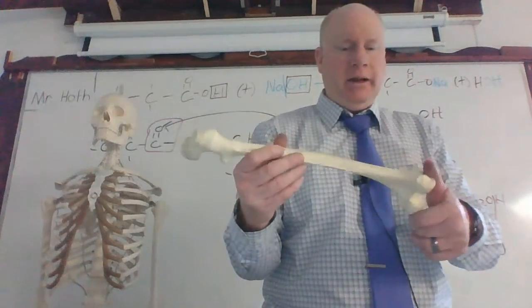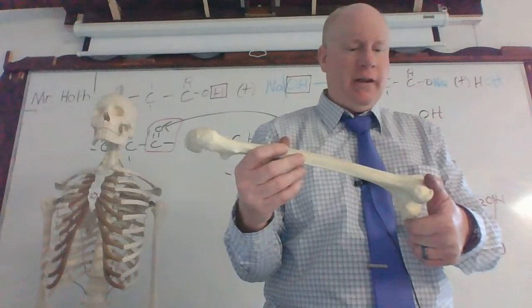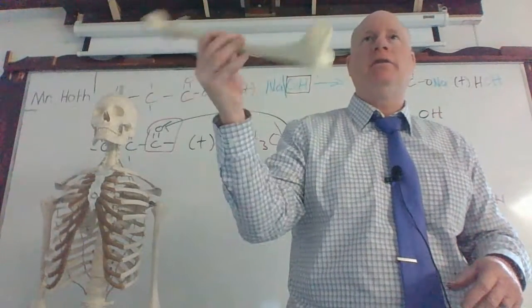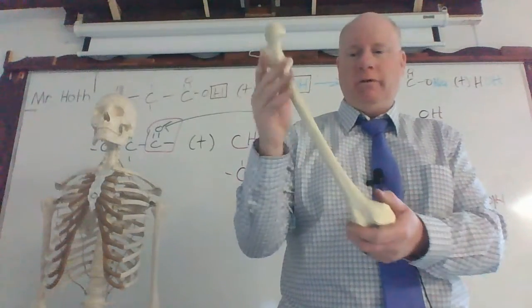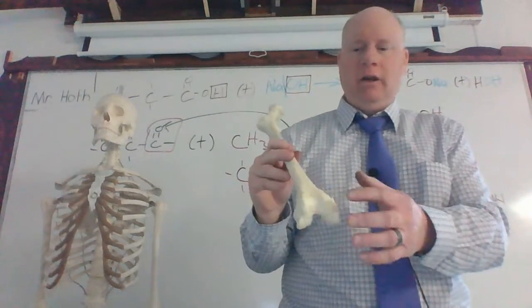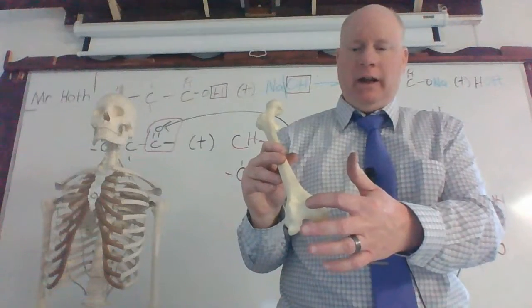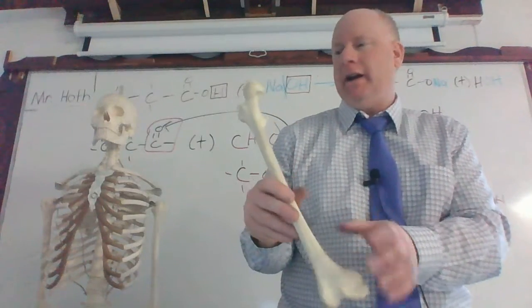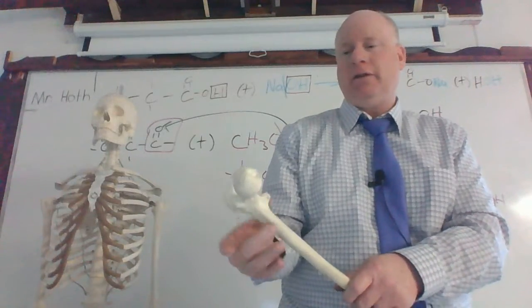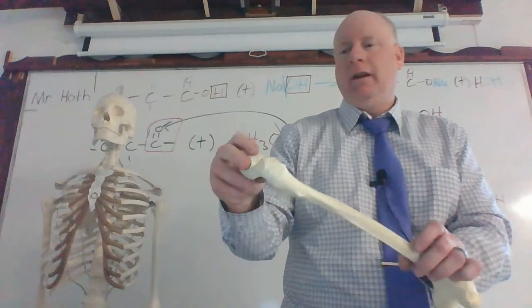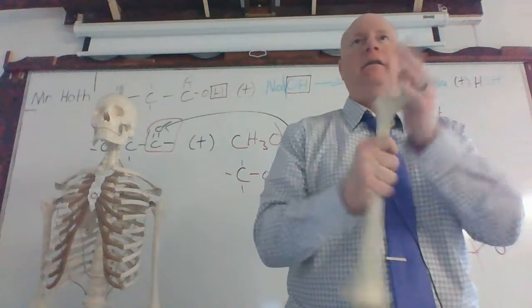So that gets us up to about 7 or 8 identifications on just one bone. Okay, so again, the femur with the linea aspera, the curvature, lateral medial condyle, lateral medial epicondyle, greater and lesser trochanter, the anatomical neck, surgical neck, and then the head of the femur. This is a right.